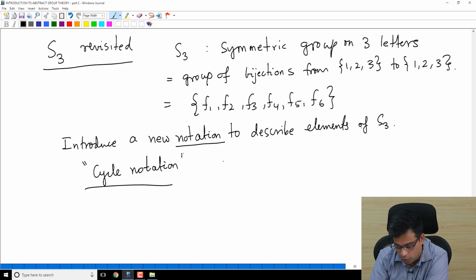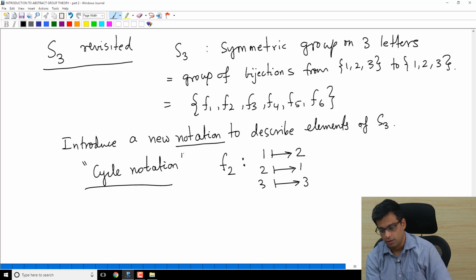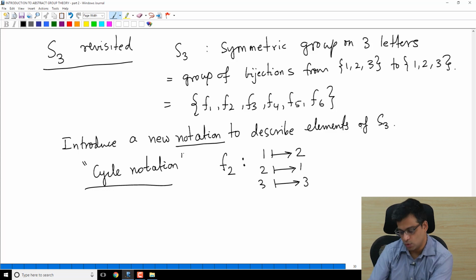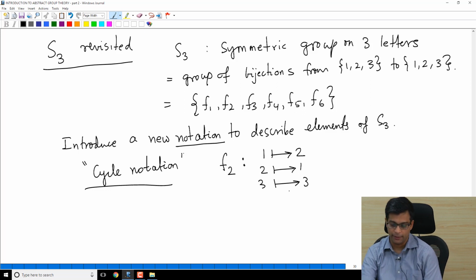So if you recall what F2 was, I will just do it for one or 2 elements. F2 was the function which sends 1 to 2, 2 to 1 and 3 to 3, right? So this was the function. Let's look at this carefully and see how to minimize the data that I have written. A lot of it is unnecessary.